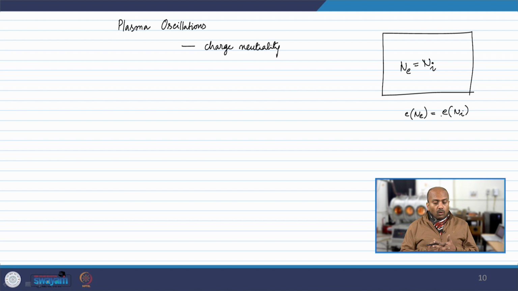Any change in the local neutrality resulting from charge separation, if you take all the electrons and separate them from that particular space, results in the creation of electric fields, and these electric fields will try to pull back the electrons to their original position.